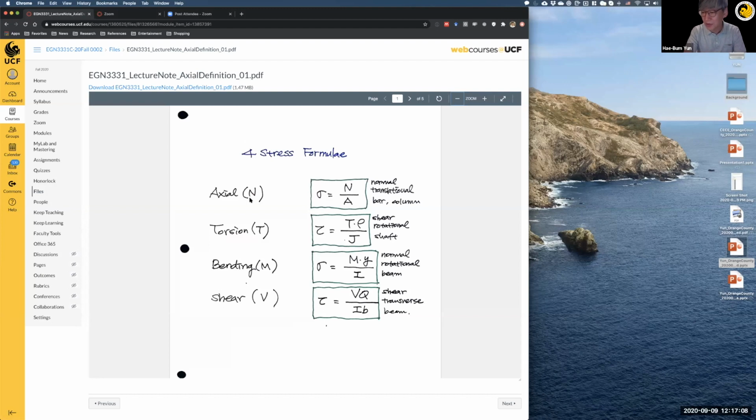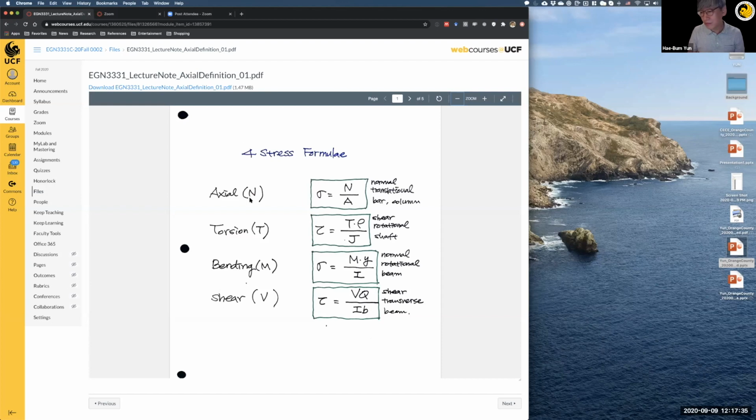Column, absolutely. Column is a very good example. So in this chapter 4, we're going to learn about column-like structural members. Very simple. Column is usually under compression, right? But there are also members subject to tension. So we're going to learn about that.